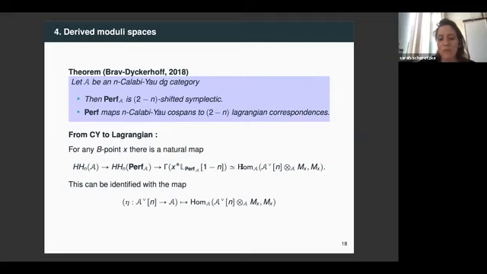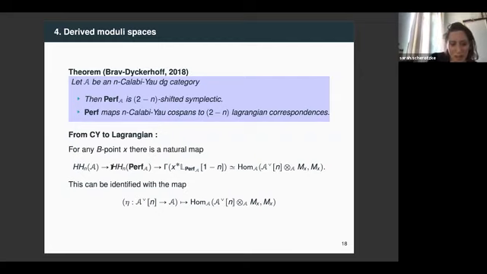And this is equivalent, by the description we just saw, to Hom of the dualizing complex shifted by n, tensor with M of x, comma M of x, where M is the A-B bimodule that defines the point x.